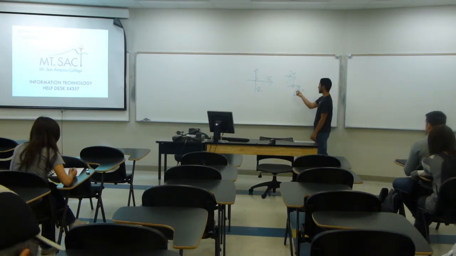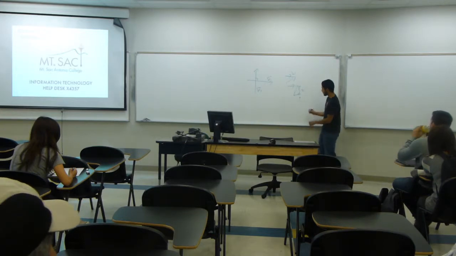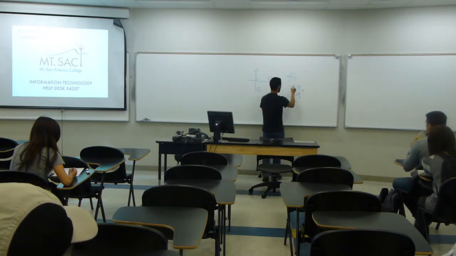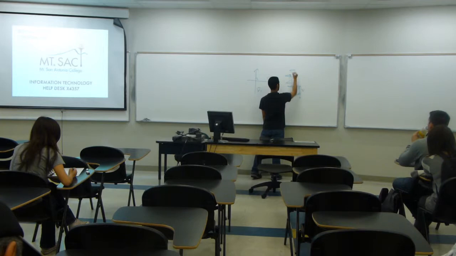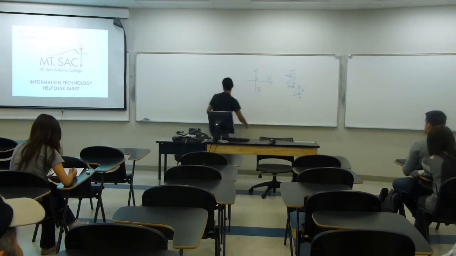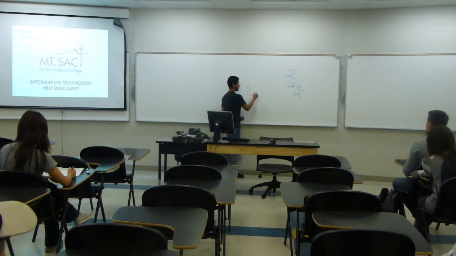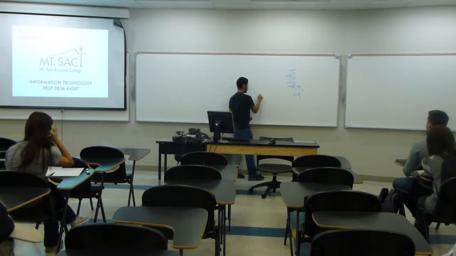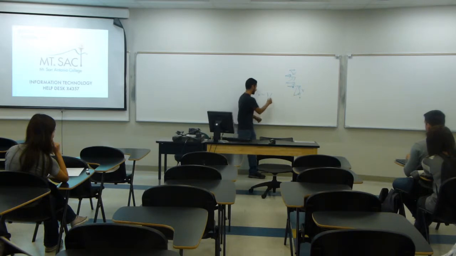And then from here, instead of calculating this vector, this vector, this vector, and this vector, you can simply take all the little x's and add them up. So the summation of all of the x's will give you what's called the resultant vector in the x direction.